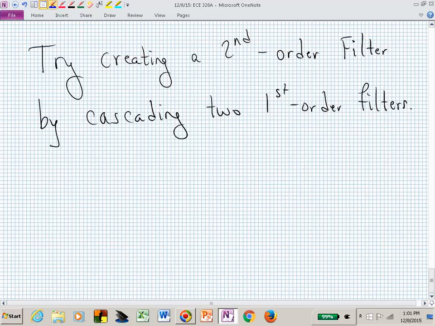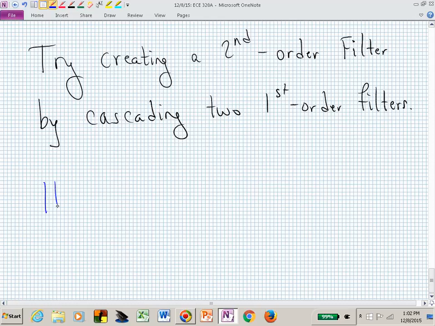I'm setting up a failure. So this is not really what we want, but we're just illustrating what happens. We may not want to just cascade a bunch of these first order filters. That's what I'm trying to show you.